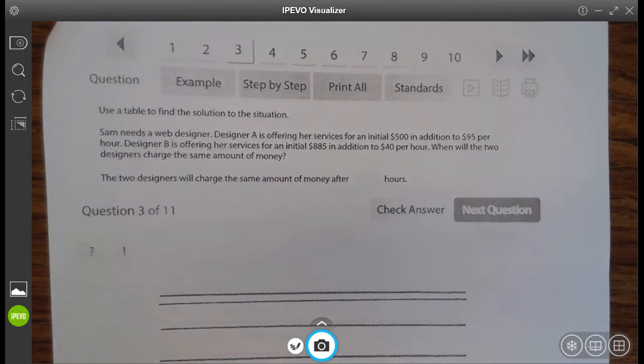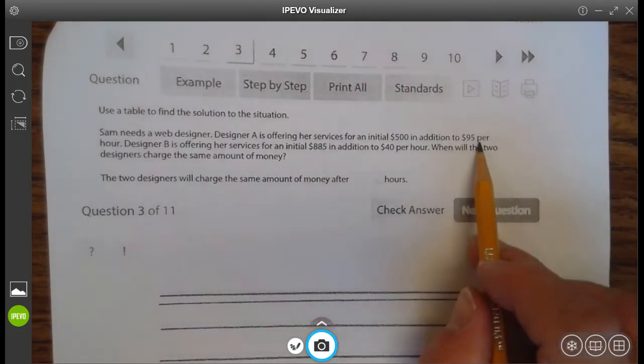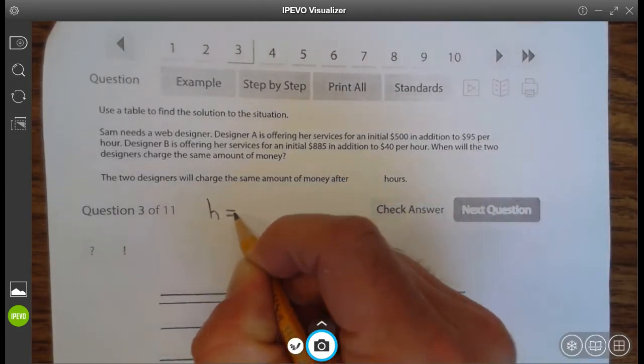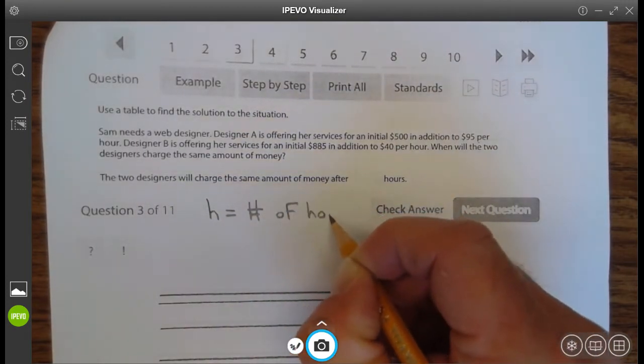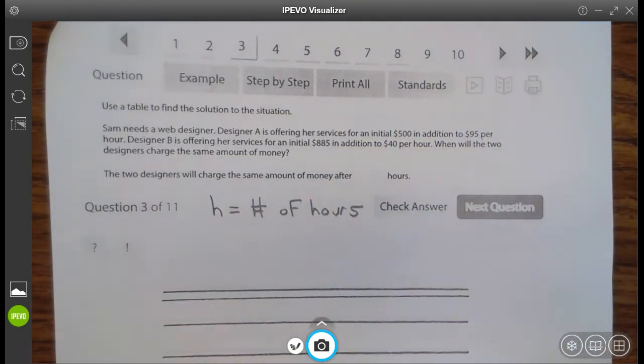Okay, Sam needs a web designer. Designer A is offering her services for an initial $500 in addition to $95 per hour. Designer B is offering her services for initial, so right there, per hour, so H equals the number of hours.